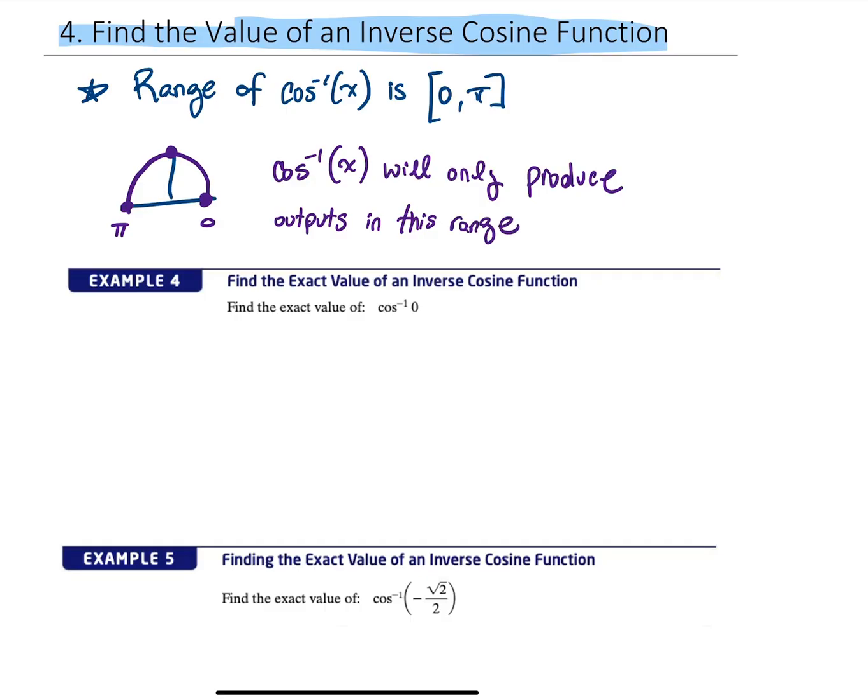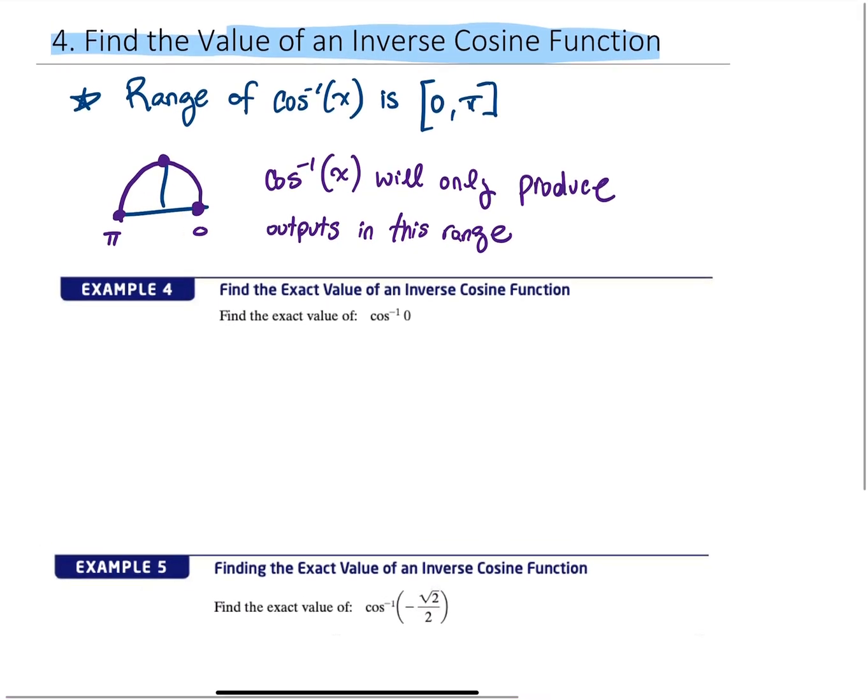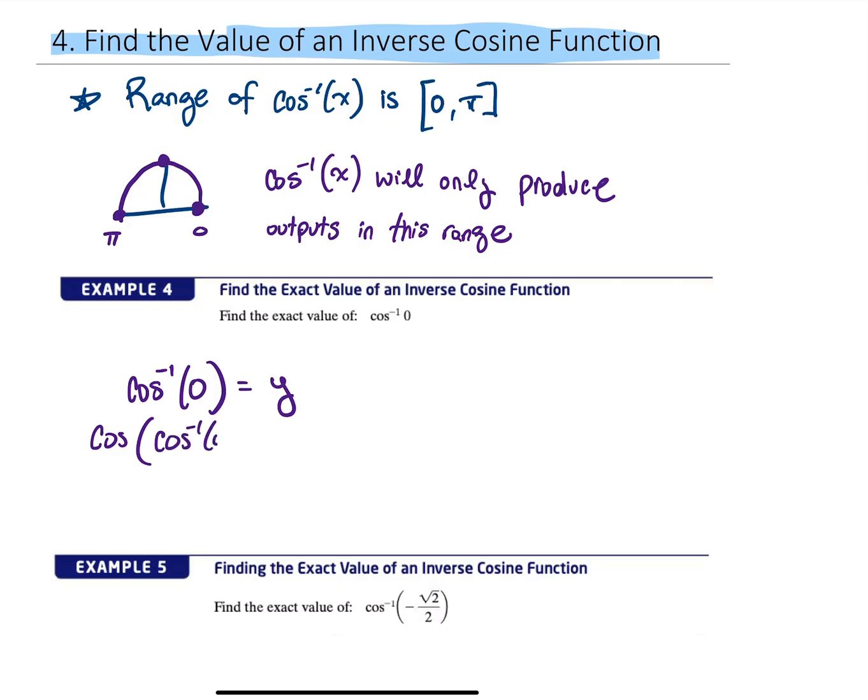So let's look at a few examples. The first one is the inverse cosine of 0. So what angle produces a cosine value of 0? And we can also take the cosine of both sides and get a similar kind of statement. So 0 equals the cosine of some angle.